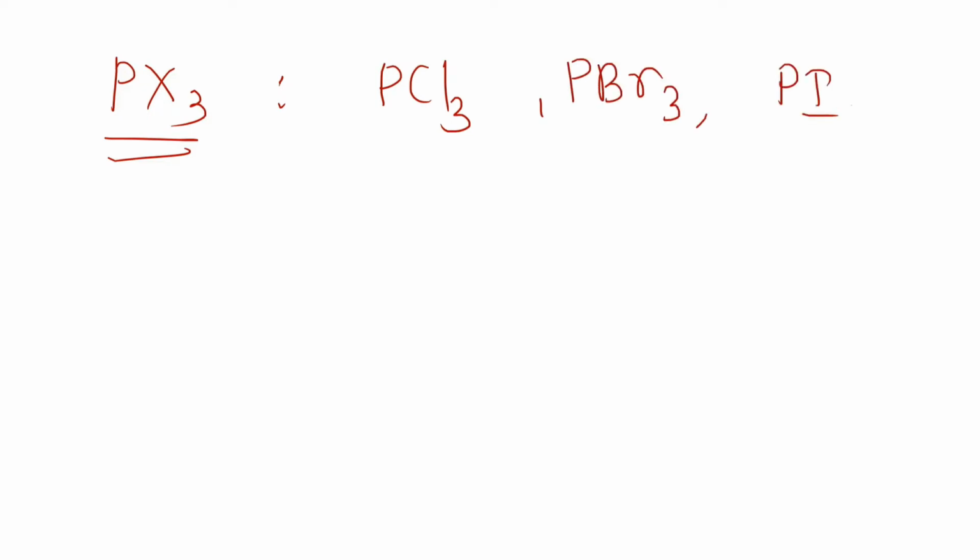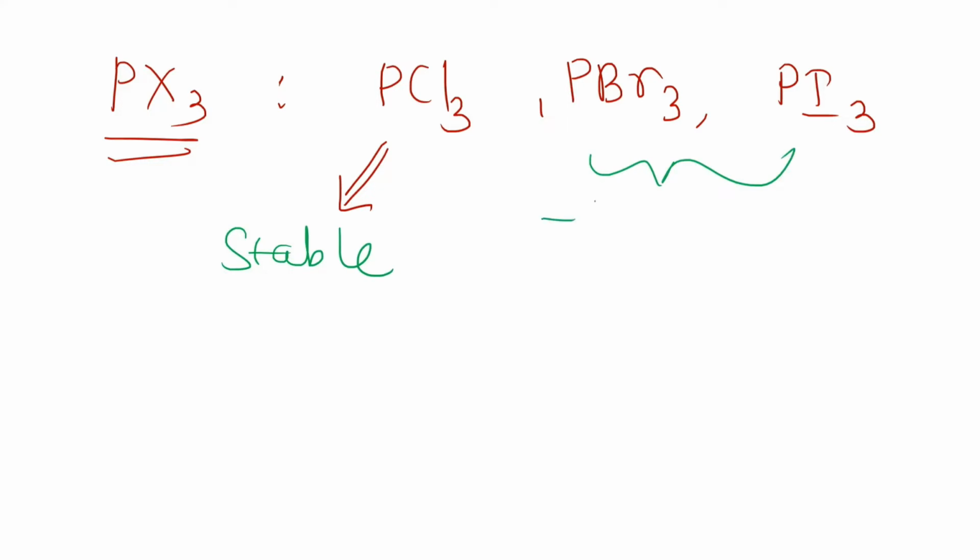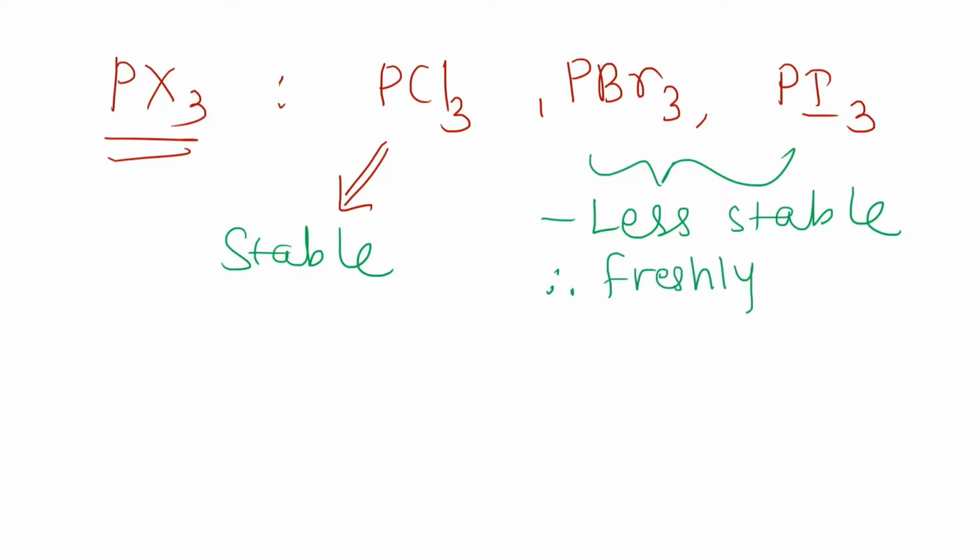A few important points to remember about the first method, the PX3 with which the alcohol was reacting. This PX3 could be PCl3, PBr3 and PI3, right? So among these three, PCl3 is very much stable. But these two are less stable, and therefore we need to prepare them freshly.